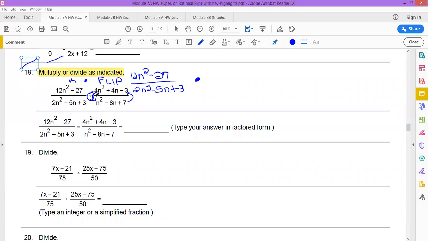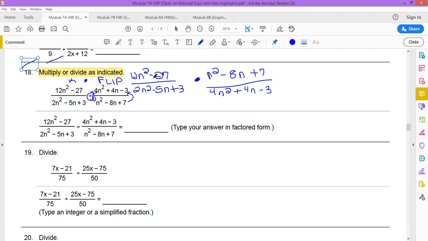So all the terms that are in the numerator, we'll move those to the denominator, and all the terms that are in the denominator, you're moving those to the numerator. That becomes n squared minus 8n plus 7 divided by 4n squared plus 4n minus 3.